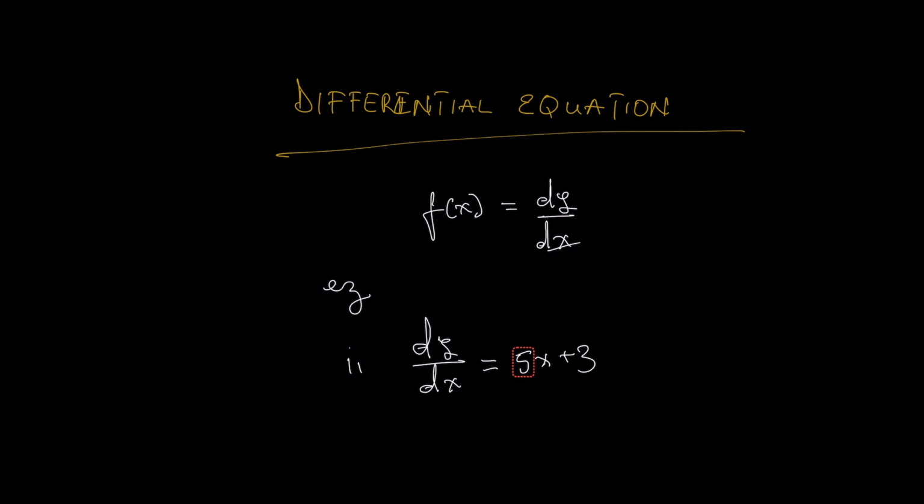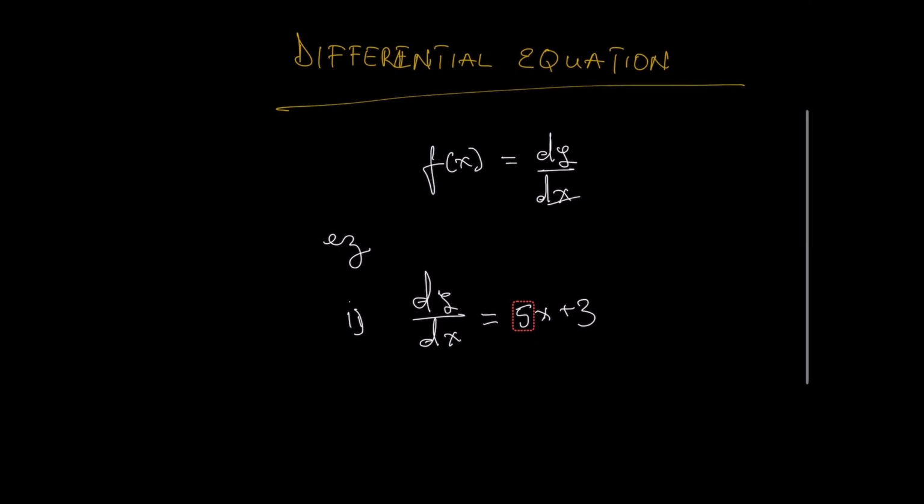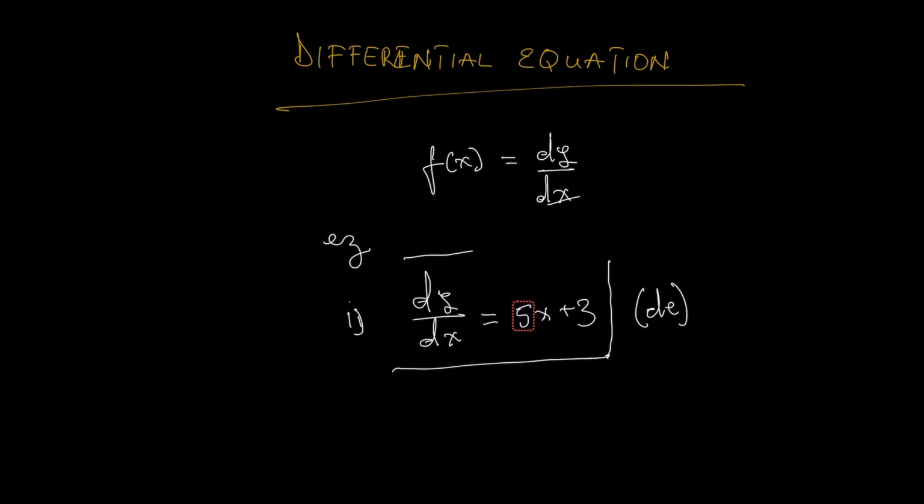This is our first example, and this is a differential equation, so this is a DE, because the whole of this equation here contains a derivative of one of the variables, and this is the derivative.